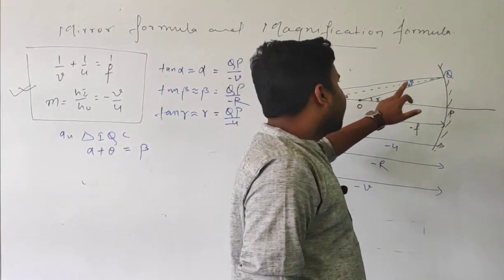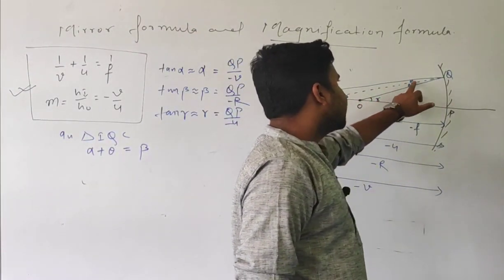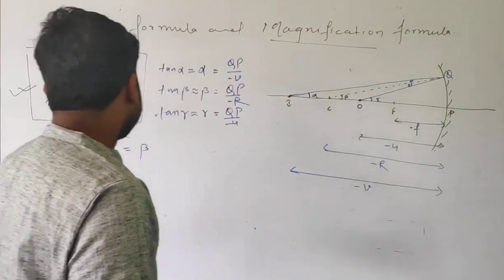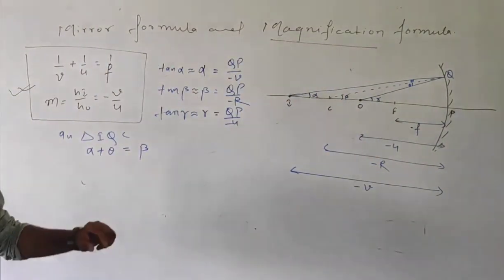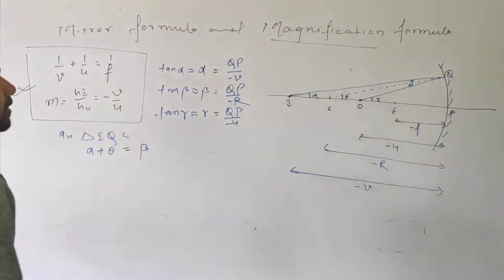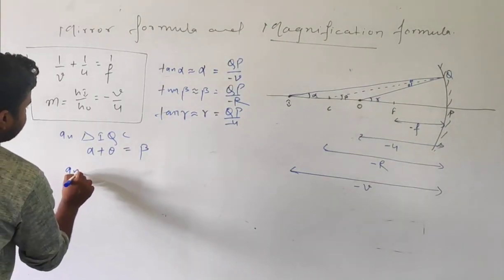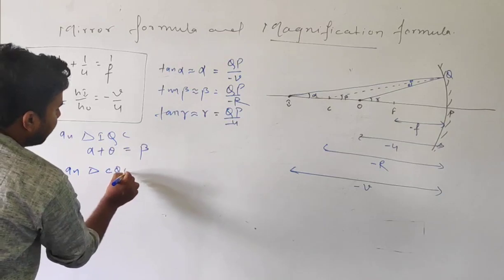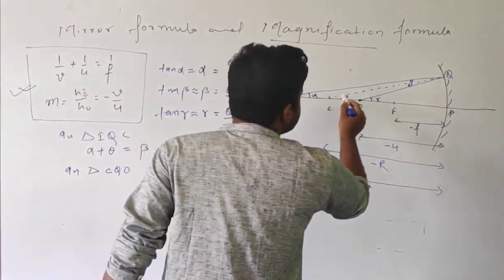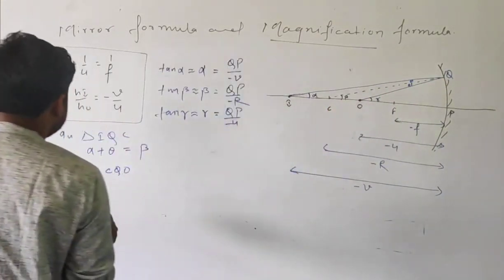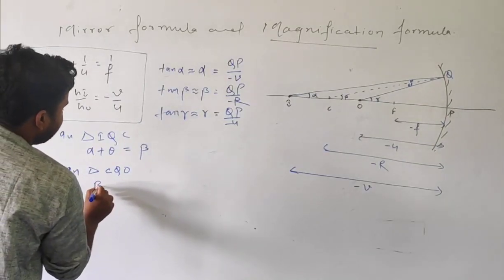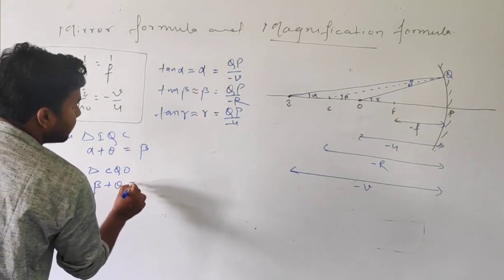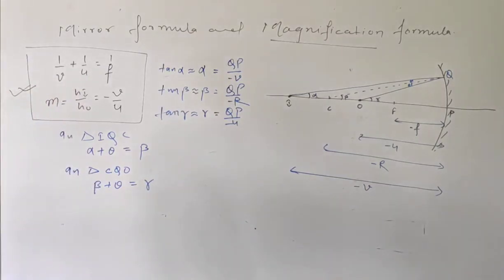Alpha and theta are internal angles, beta is the external angle. Similarly, in triangle CQO, we can write beta plus theta equals gamma.